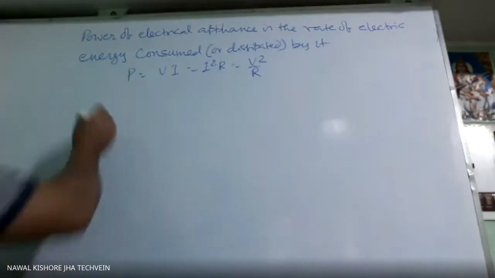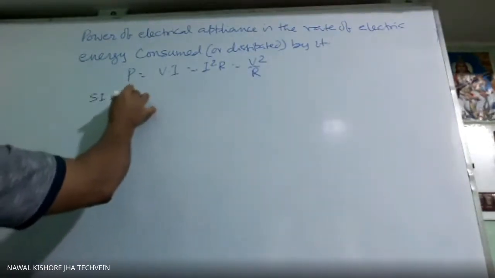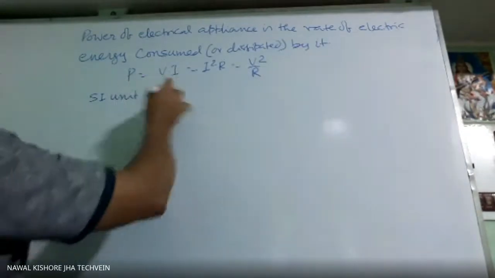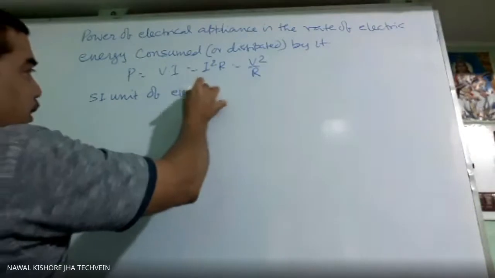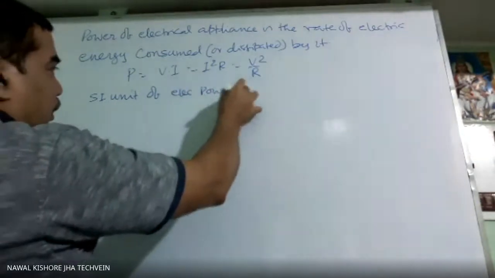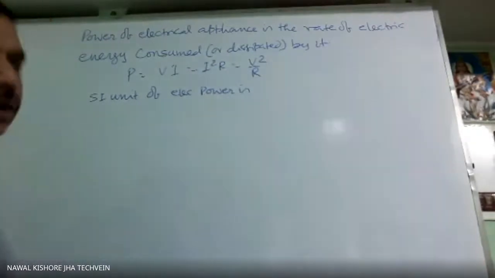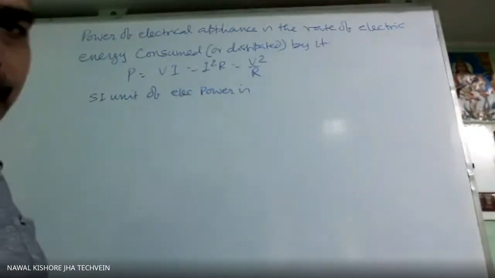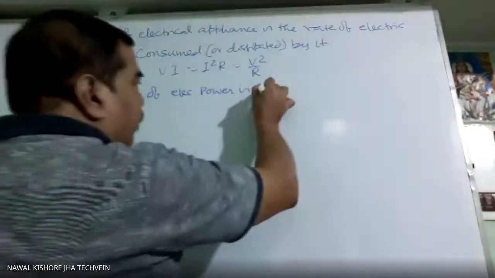Now what will be the unit? SI unit of electric power is also same. Whatever the SI unit of power is, whether it is electric power or any other power, mechanical power, SI unit will be same. Watt.